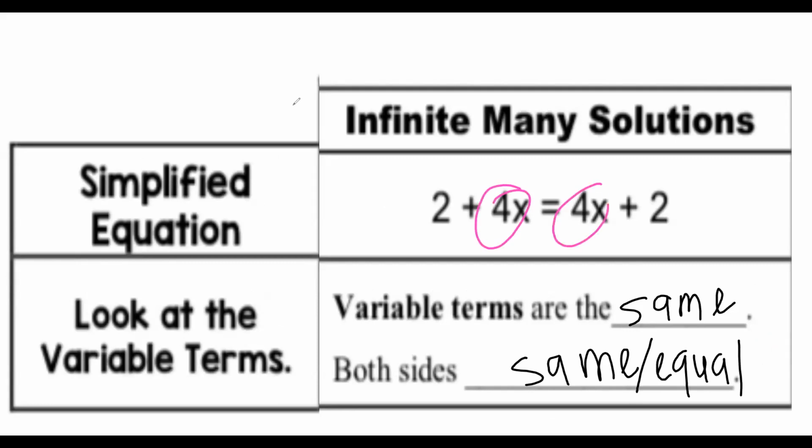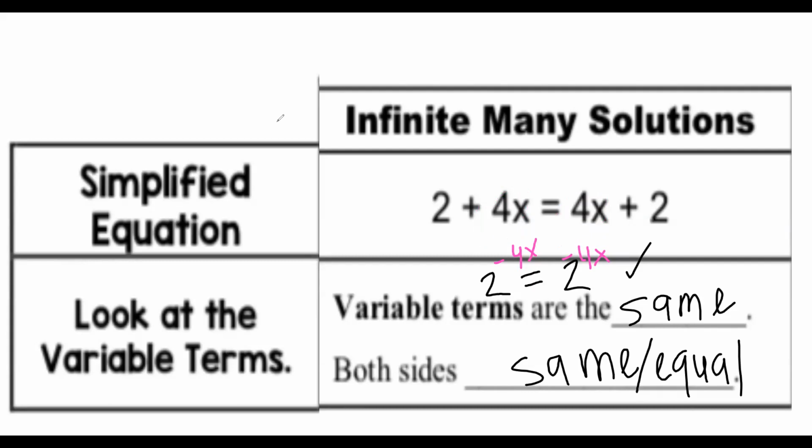So the variable terms are the same. And if we subtract 4x from both sides, we're going to get 2 equal to 2. So both sides are equal or the same. And this is a true statement, so that means it's going to be true for any number, infinitely many solutions. So that's the simplified equation. You see that the variable terms are the same and both sides are the same or equal.